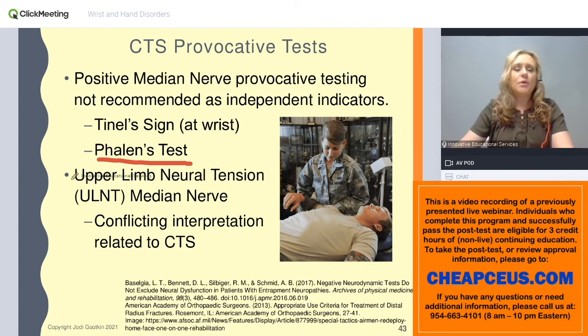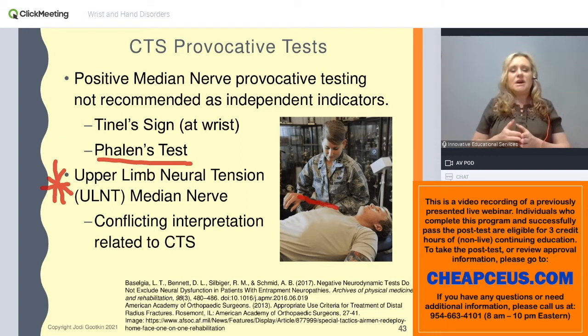For those of you who are utilizing neural tensioning of the median nerve, attention needs to be paid to, as you're putting the patient through the positions of abducting and externally rotating the shoulder, extending the elbow and supinating, and then moving into the wrist and hand positions, to see how and when their symptoms are increasing.